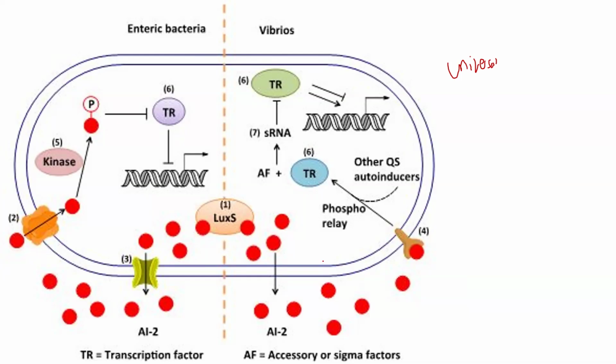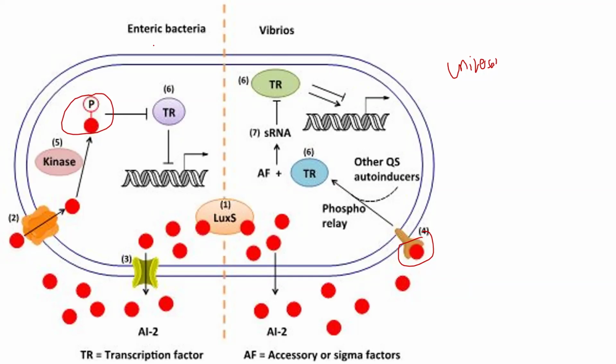Unlike AI1, which is signal peptides and acyl homoserine lactones, AI2 has sequence homology to bind to receptors both inside and outside of the cells in gram positive and gram negative.